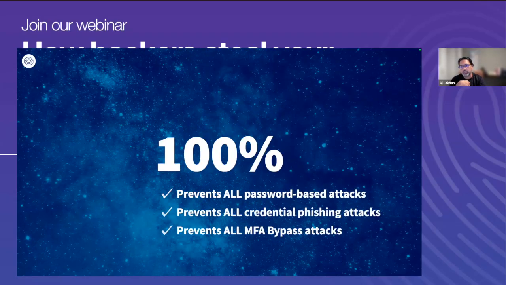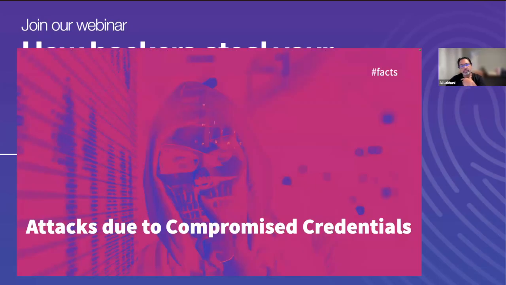And the best part is MFA 2.0 was built to prevent all password-based attacks, all credential phishing attacks, and all MFA bypass attacks. So this 98%, I'll go back to this slide.